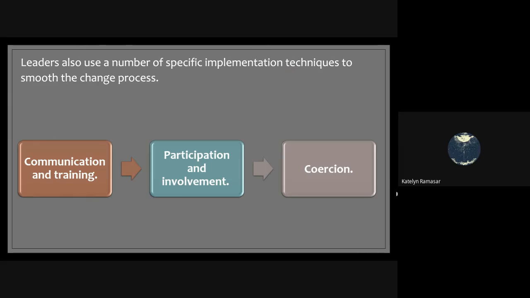They come to understand the change better and become committed to its successful implementation. Coercion. As a last resort, leaders overcome resistance by threatening employees with the loss of jobs or promotions or by firing or transferring them. Coercion may be necessary in crisis situations when a rapid response is needed.